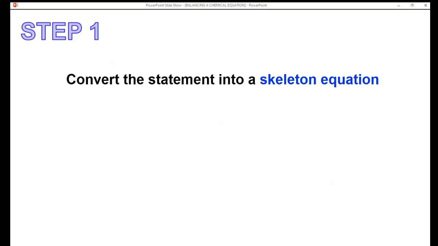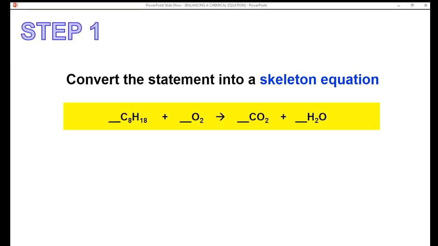The skeleton equation for this reaction will look like this. We have octane and oxygen, both of which are the reactants, and the products are carbon dioxide and water. Of course, to balance an equation requires coefficients. Right now we do not know yet what the coefficients are for each component in this equation. So this is the first step.